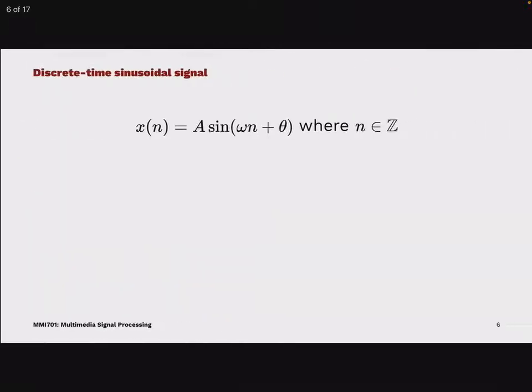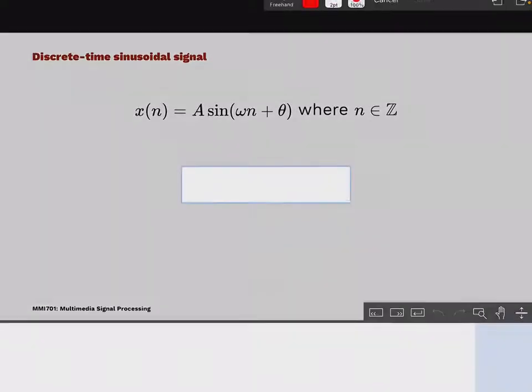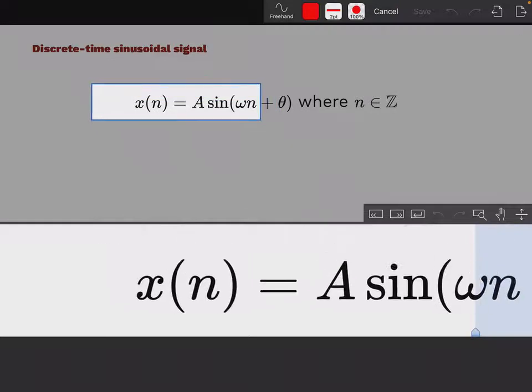Now, another example is the discrete time sinusoidal signal. This is slightly different from our first example, the continuous time sinusoidal signal, in that we have a signal which has an index n, which stands instead of time.